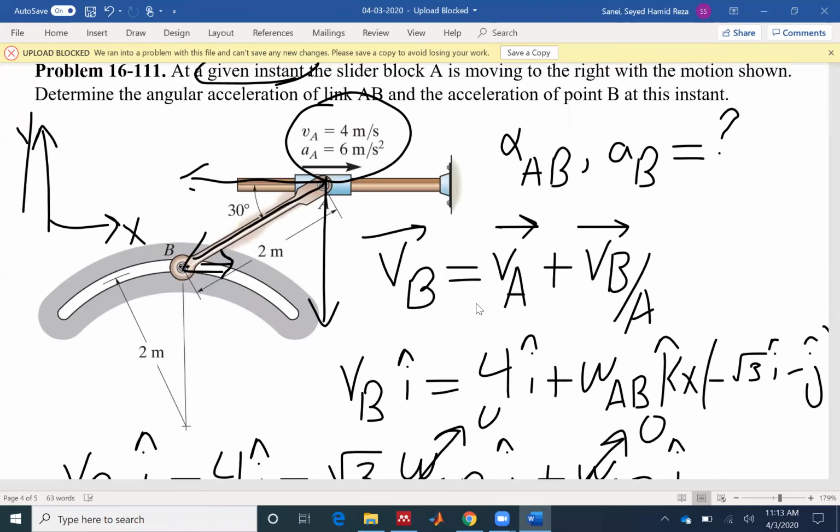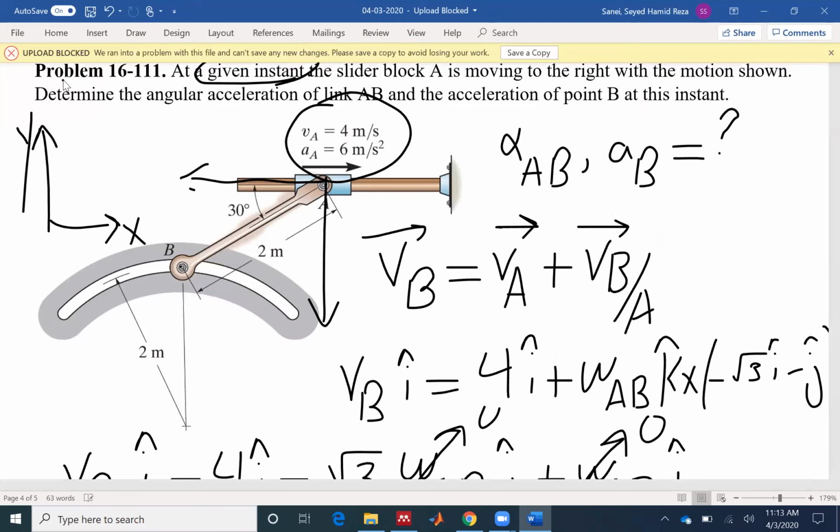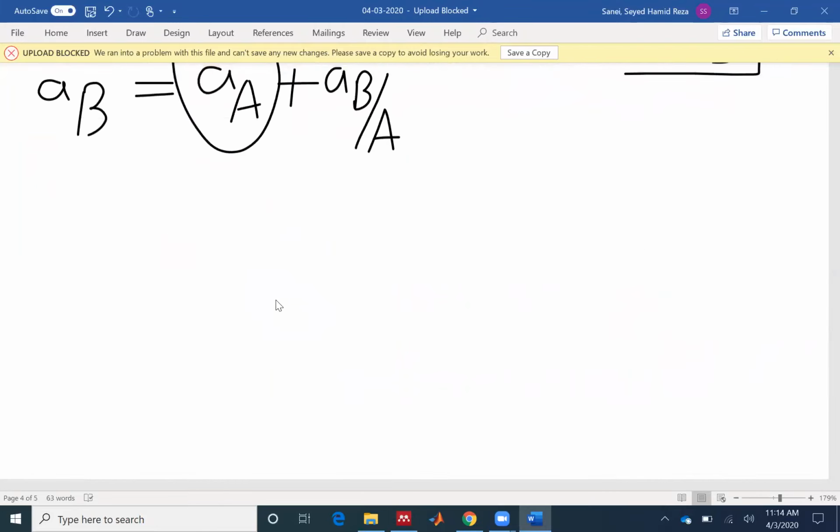If I clean up the image a little bit here, at point B, I only had one component of velocity, but I have two components of acceleration, one the tangential component, one the normal component. The normal component is VB squared over rho, the radius, which here is 2 meters. And the tangential component, I don't know the value yet.